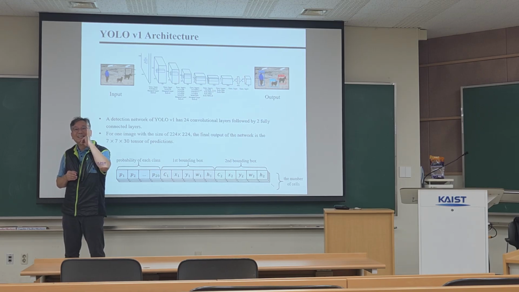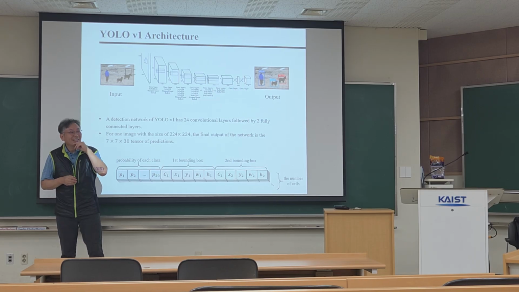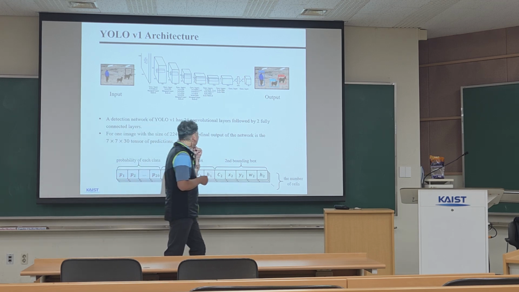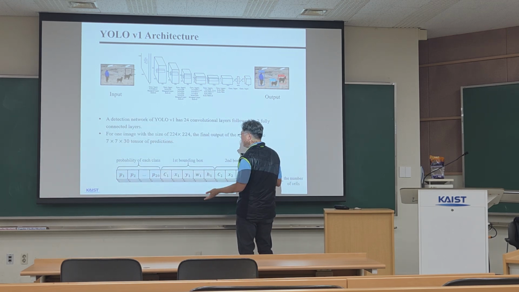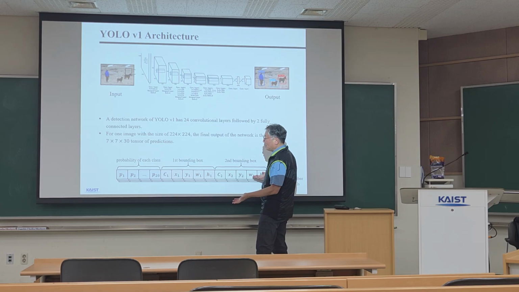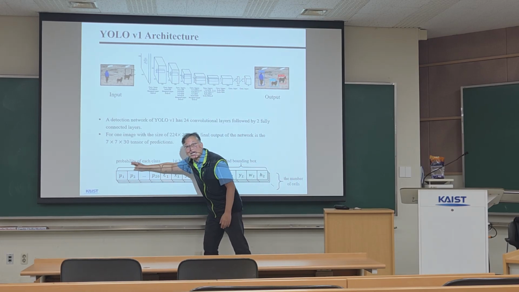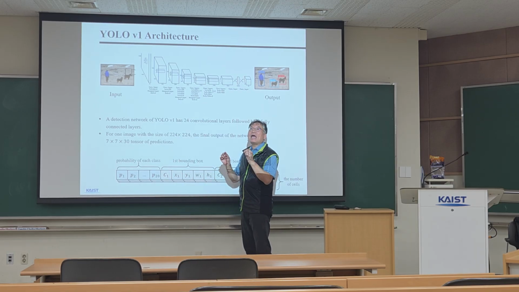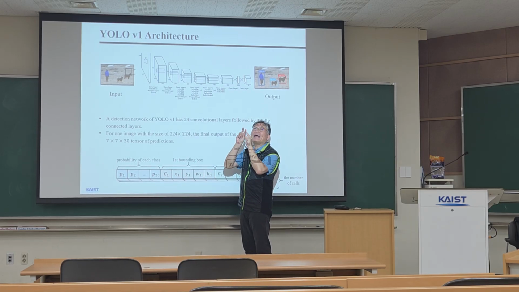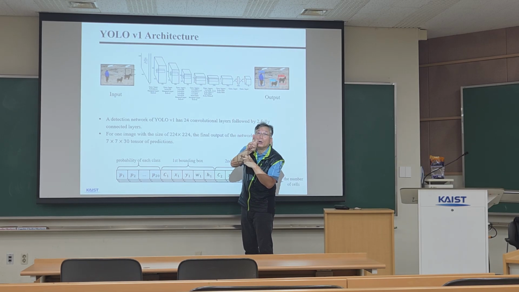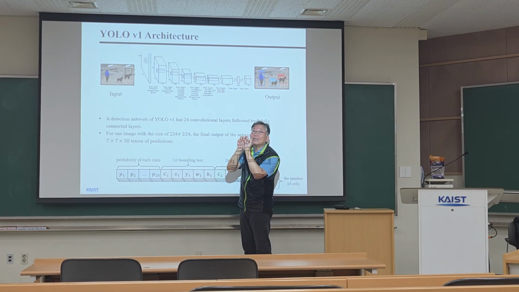Is that correct? Yeah. So it's going to be 30. It assumes that there are at most two objects in the grid.